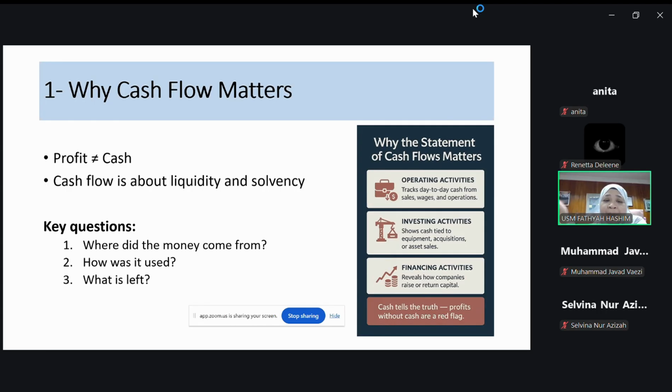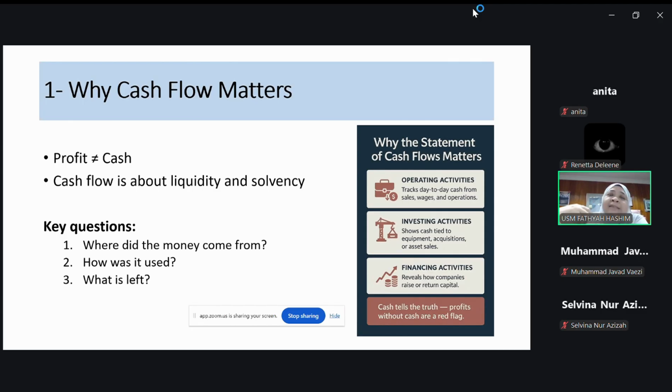Bankers as well. When a bank or third party wants to give out a loan to a company, they will request a cash flow statement to see the potential ability of the company to pay back. An investor wants to see the ability of the company to pay them cash dividends, for instance.